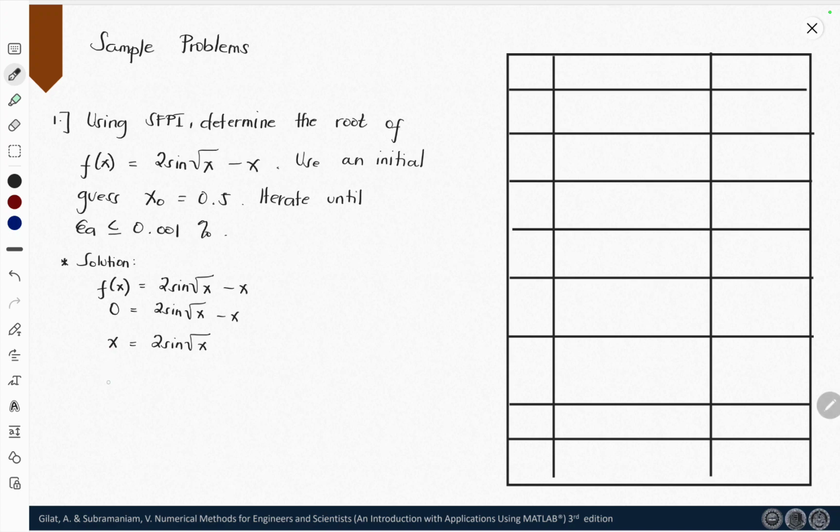So you write this equation into the form x sub i plus 1 is equal to 2 sine square root of x sub i. So we have already arranged the given equation. Our equation now for the iteration is x sub i plus 1 equal to 2 sine square root of x sub i.